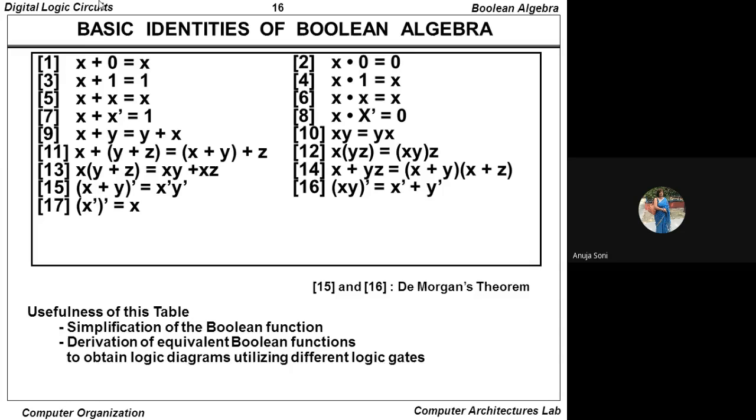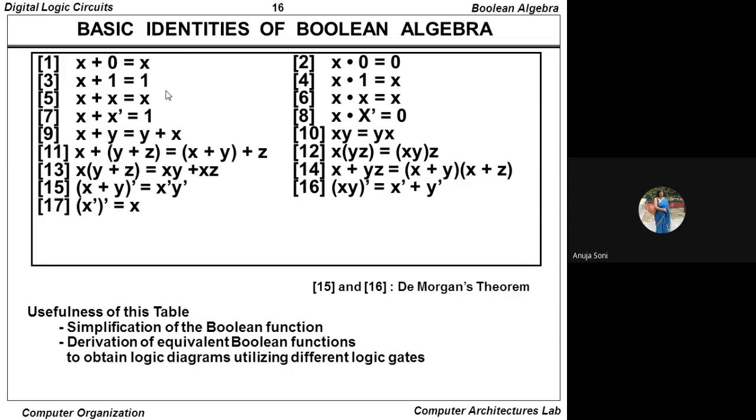In both cases, every time you will get the value x as such. If you take the value of x as 0, 0 plus 0 will be equal to 0, so it will be equal to x. Another time if you take the value of x as 1, then 1 plus 0 will be equal to 1, so again it is x. So it proves that x plus 0 is equal to x.